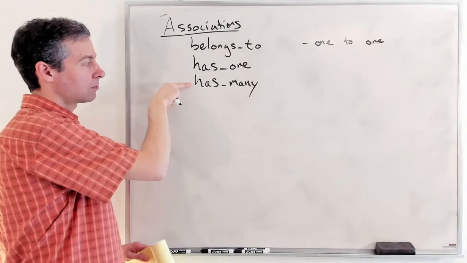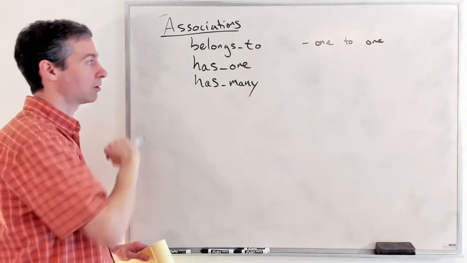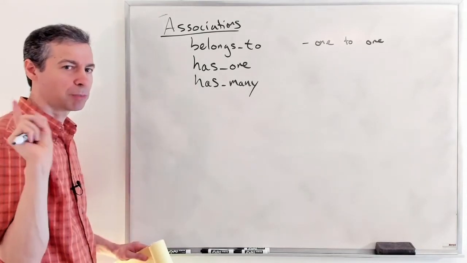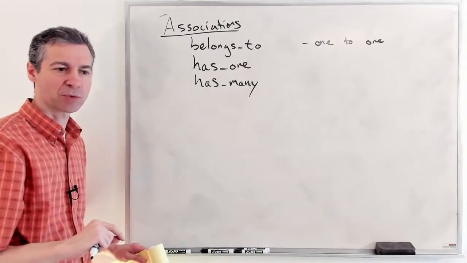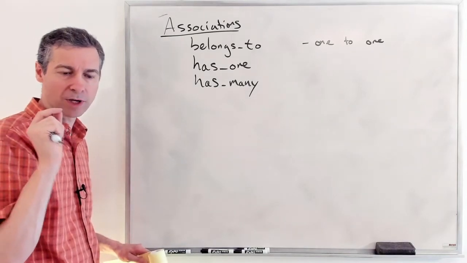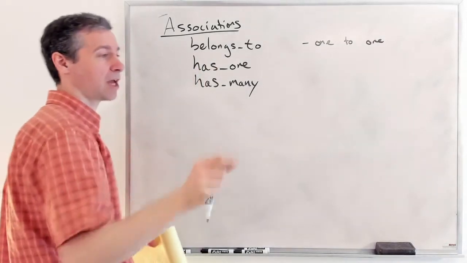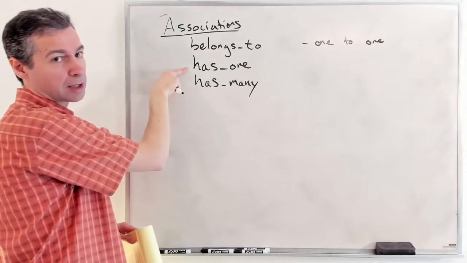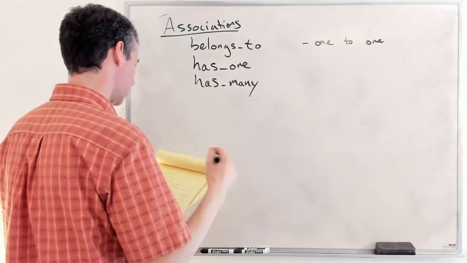And so our author has many books. Okay. I'm going to, in a moment, pause the video and come back. I'm pretty certain has one is the situation where you have 0 or 1. Okay. And this one is, I always have it, so this is basically total participation. And this is probably not total participation. I'm going to look that up in a moment and then come back and clarify.